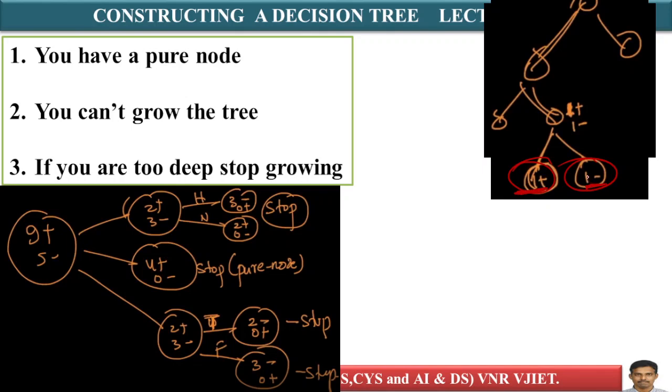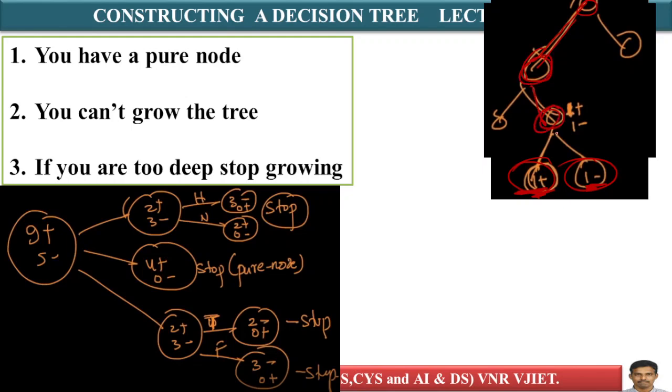Remember, if you have only one point here, and the tree depth is very far, then what are you doing? There is only one point at the bottom, at the leaf node. If this condition is satisfied, I will come here; if this condition is satisfied, I will come here.